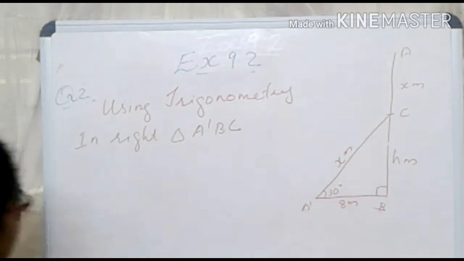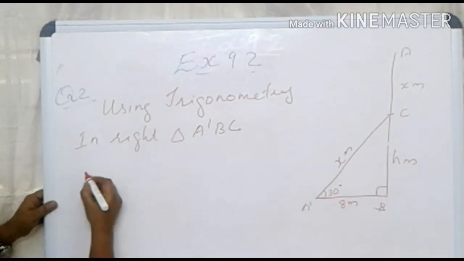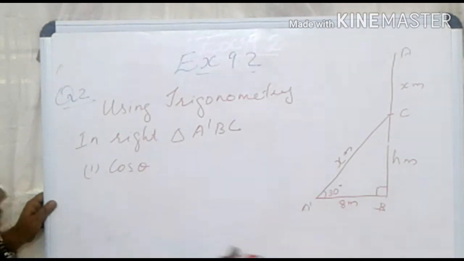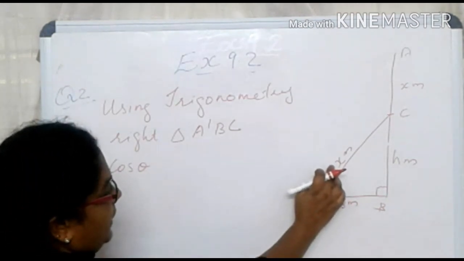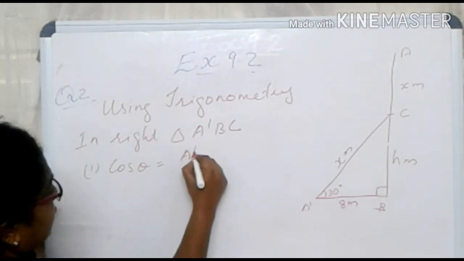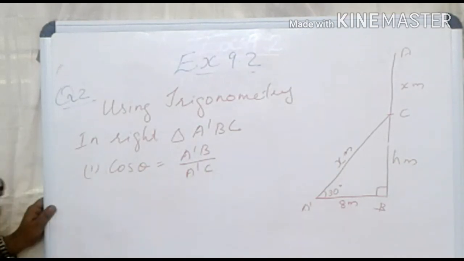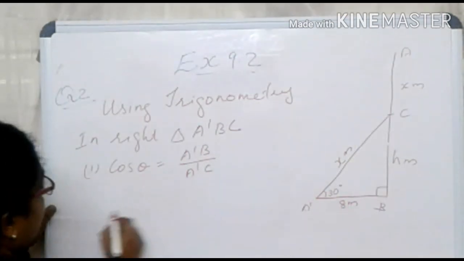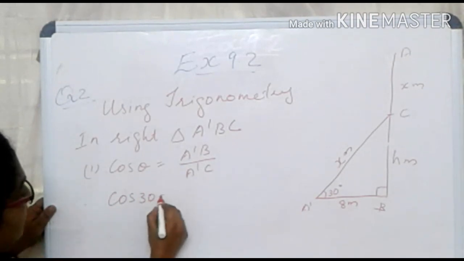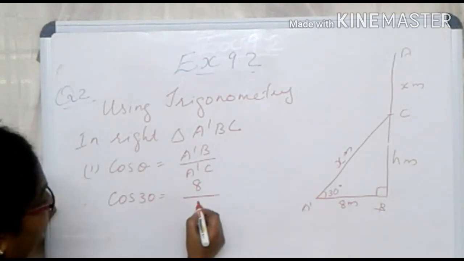In right angle triangle A dash BC we first use cos theta, because cos theta is adjacent side by hypotenuse. So cos theta equals A dash B by A dash C. Theta is 30 degrees. Therefore cos 30 equals 8 by x.